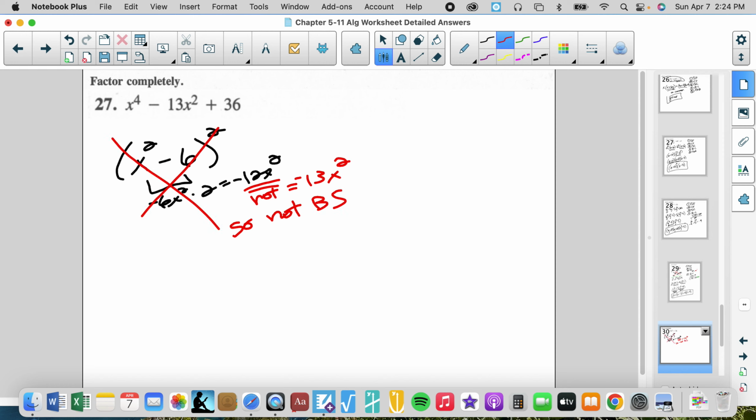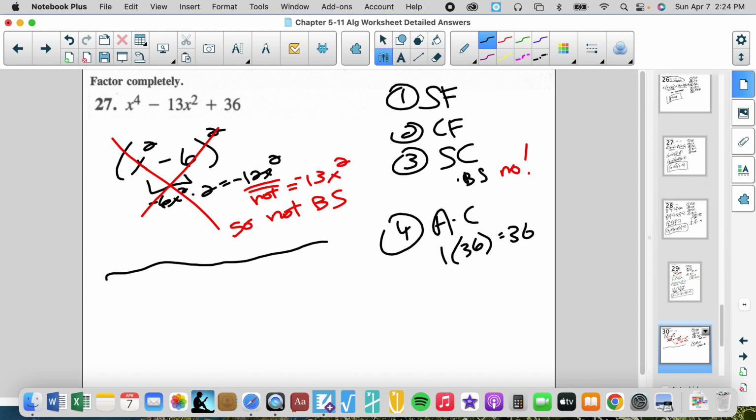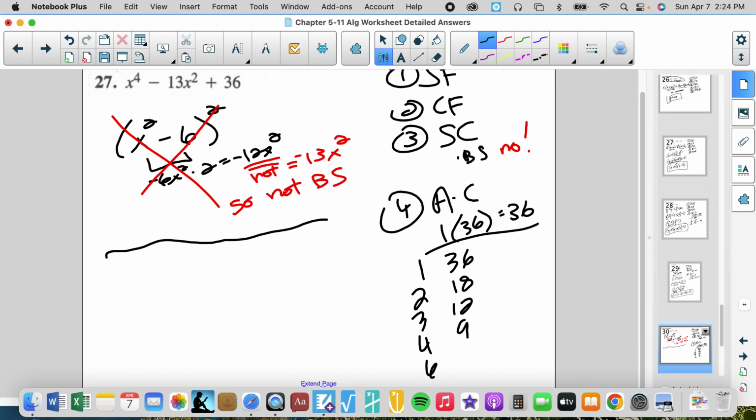So let's keep going. A times C. So now we go back to A times C technique. 36, factors of 36 are 1 and 36, 2 and 18, 3 and 12, 4 and 9, 6 and 6.